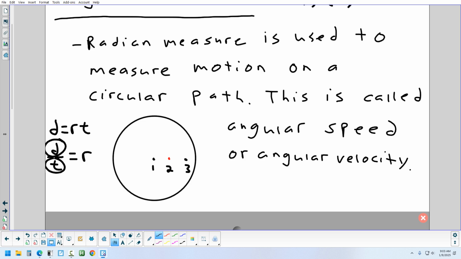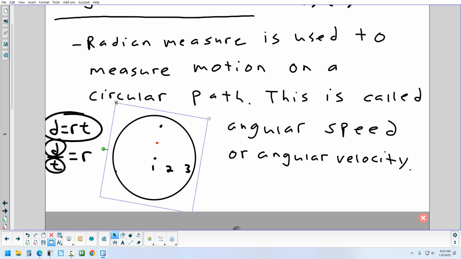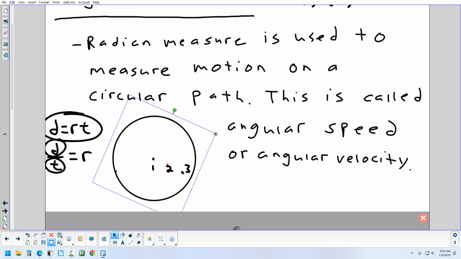So thinking of describing speed this way gets complicated when it's something spinning, because every point from the center of the disk to the edge would be traveling at a different speed. It would have to be. There's no way dot 3 can cover more distance in the same amount of time unless it's going faster. So then how would you describe the speed of that? Would you describe the speed from dot 3? Would you describe it from dot 2, dot 1? Like where would you describe the speed from? Right.